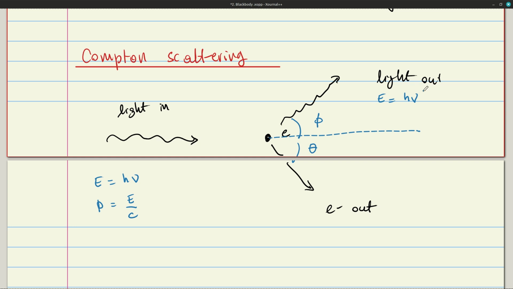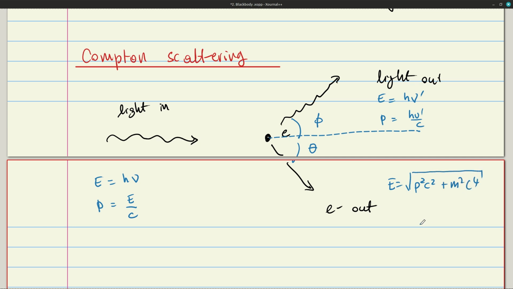So I'm going to put h nu prime here, and here P is h nu prime over c. For the electron, energy is, does anybody remember? I already gave you the hint by opening up the square root. So this is the square root of P squared c squared plus m squared c to the fourth. I'm just going to use P for the electron.